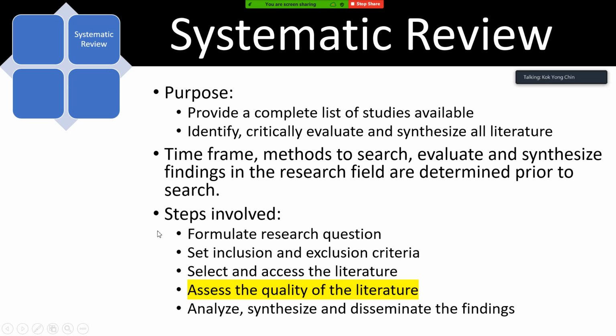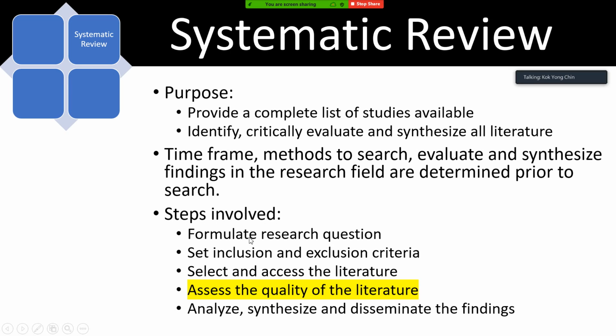It needs a very strong framework to write a systematic review. These are some of the components that you need to mention: your time frame of search, and the method to search, evaluate and synthesize findings. You have a very strict search protocol which needs to be determined prior to your literature search.